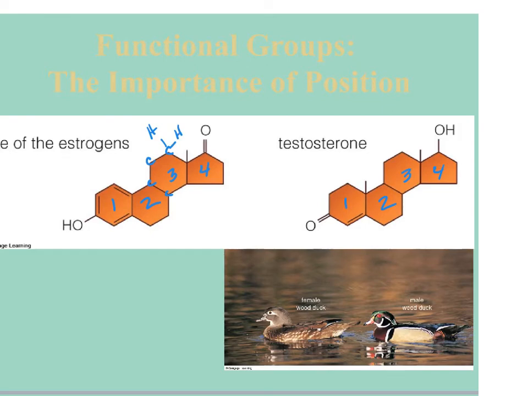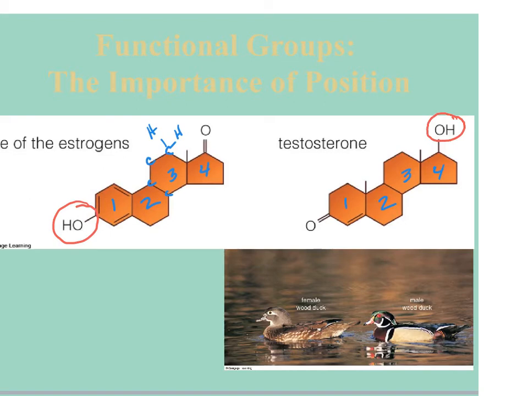So look at the difference between these two molecules that function very differently in living organisms. In estrogen, for example, you've got a hydroxyl group added to that first ring, whereas in testosterone, that hydroxyl group is added to that fourth ring.